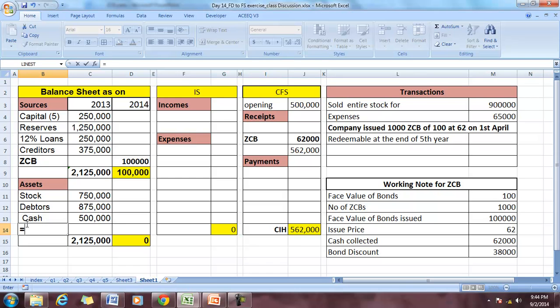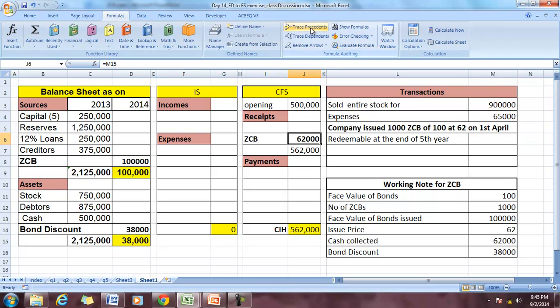We call that on the asset side. We can also show that on the sources side as a negative premium, but let us stick to Schedule 6 of the Companies Act. So we can see that cash has increased by 62,000. The bond is shown at the face value and the discount of 38,000.